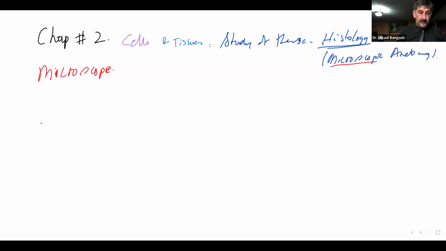But when we talk of microscopes, we can say that we have two types. The regular microscope that you might have seen in the science labs in your school is what we will call a light microscope.